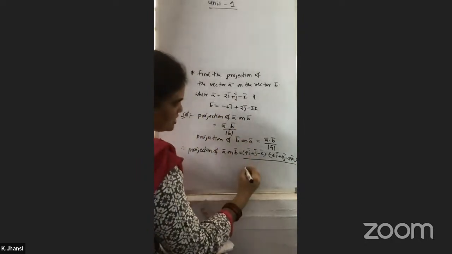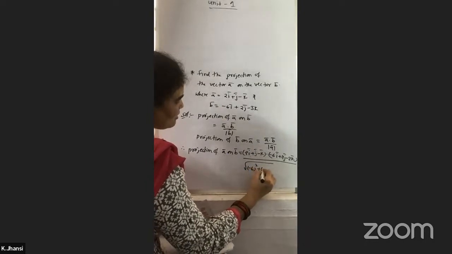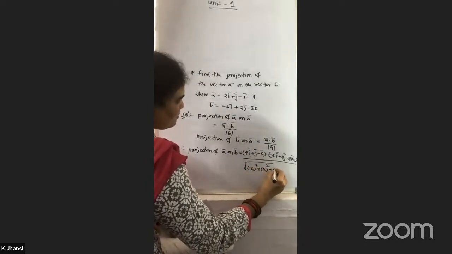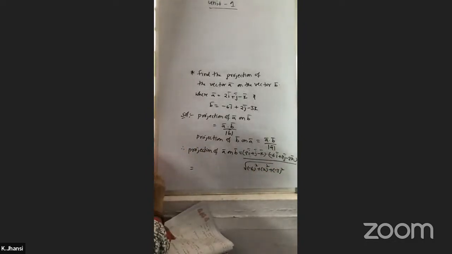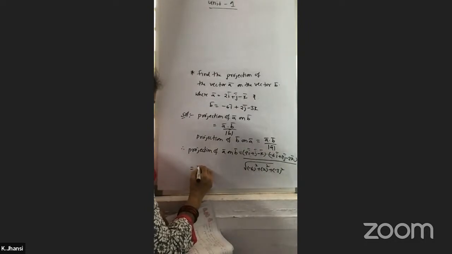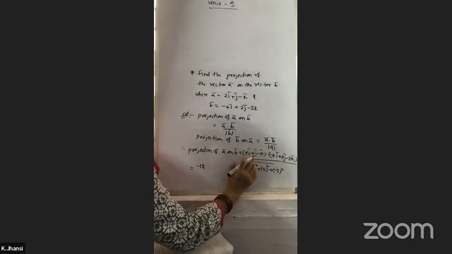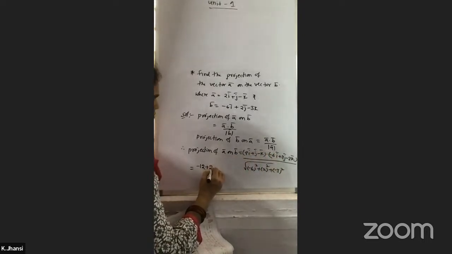Modulus of B means it is under root of minus 6 whole square plus 2 square plus minus 3 whole square. So it is equals to 2 into minus 6, you will get minus 12. Next, plus into plus 2 you will get plus 2.